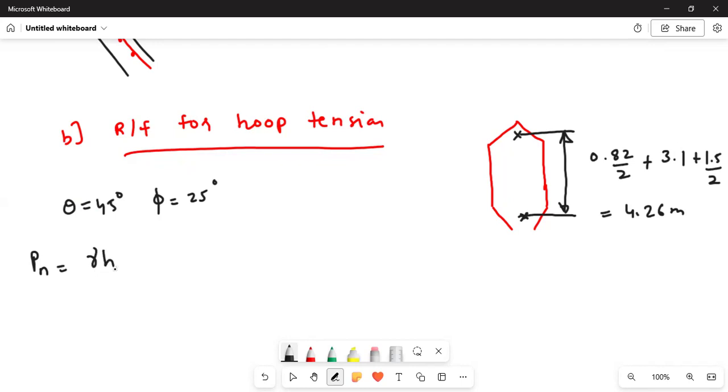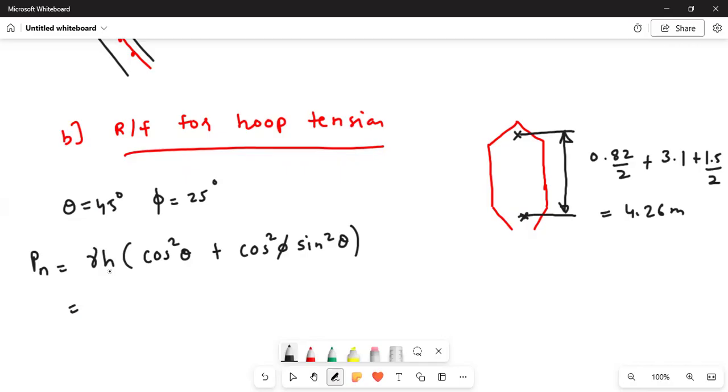Gamma into h, h is the average depth, into cos square theta plus cos square phi into sine square theta. So I have already given you this formula. Okay. After substituting value, you will get the normal pressure.